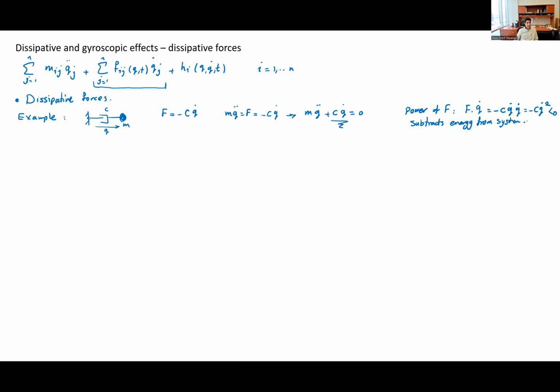Now let's extend this to the configuration space and equations of motion in terms of our generalized coordinates. So in general, in configuration space, these dissipative forces, as the name suggests, are non-conservative forces.